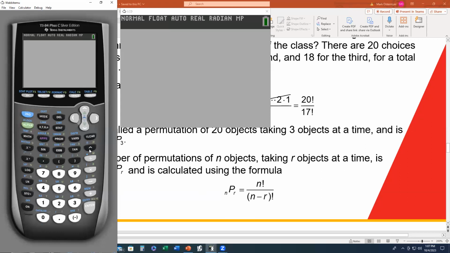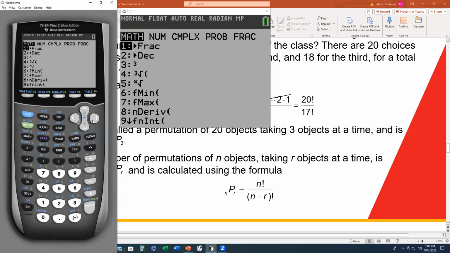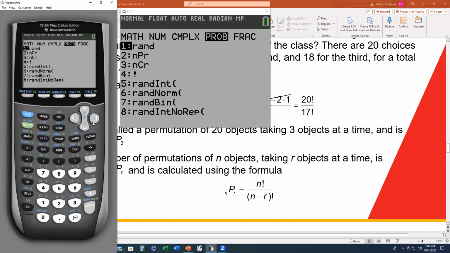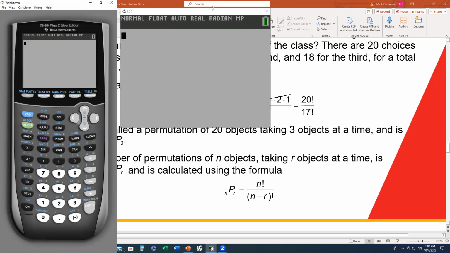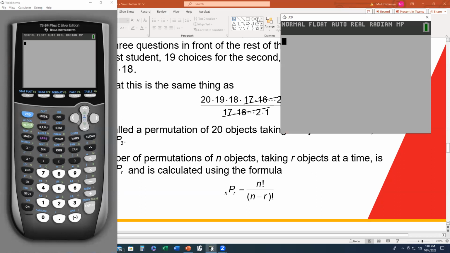But there's an even quicker way, ladies and gentlemen. In math probability, we also have our permutation function built in, n permuted r ways. So if you look at our example, 20 permuted 3 ways, the number of ways we can select 3 students from 20 students in a particular order, we can compute that on our calculator.